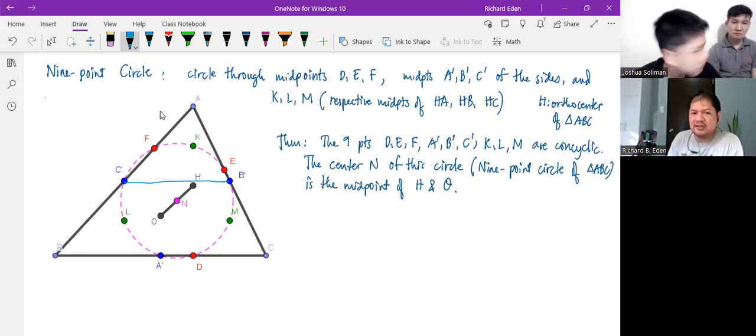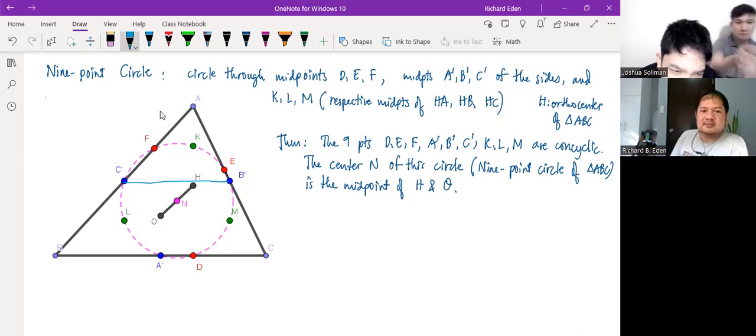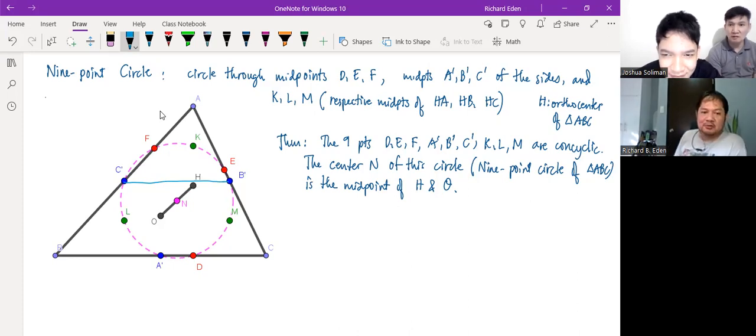But notice anything else that seems horizontal? A prime, C prime. Wait, where is C prime compared to E? Horizontal from our point of view. LM.